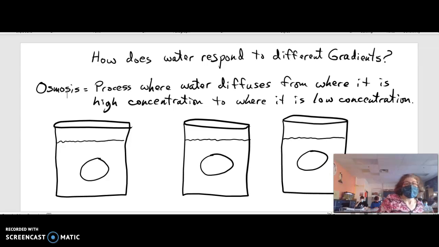All right, so we have these three beakers. I'm even going to letter them so that we can refer to them more easily as we go through, okay? And in each beaker, we've got a solution of water and a giant red blood cell. We're just going to pretend that these circles are giant red blood cells, even though we know red blood cells are not that big. This helps us get an understanding of what's going on inside them compared to what's going on outside them.